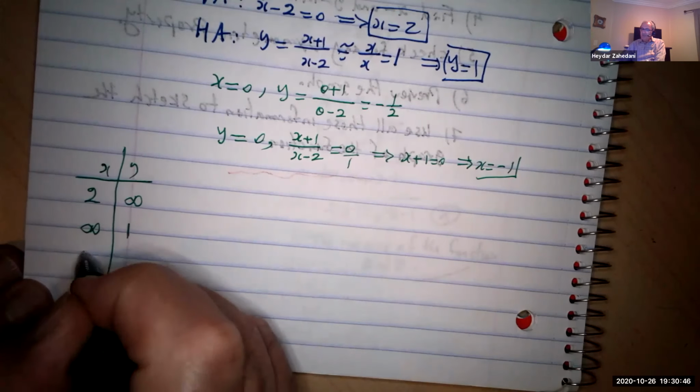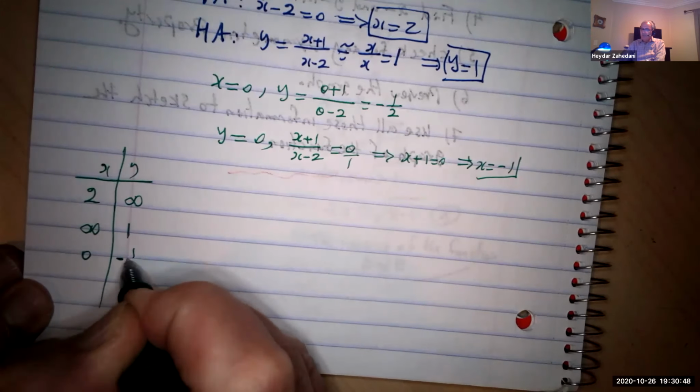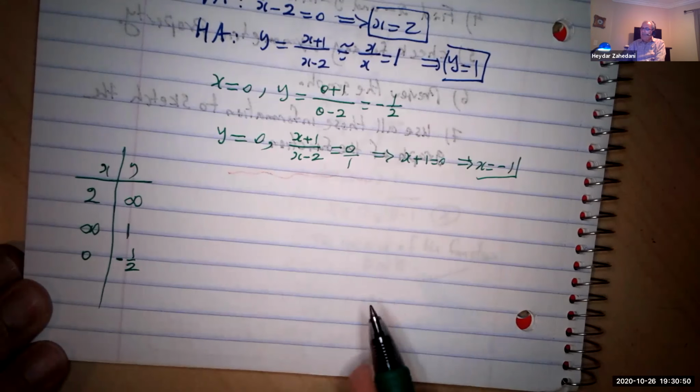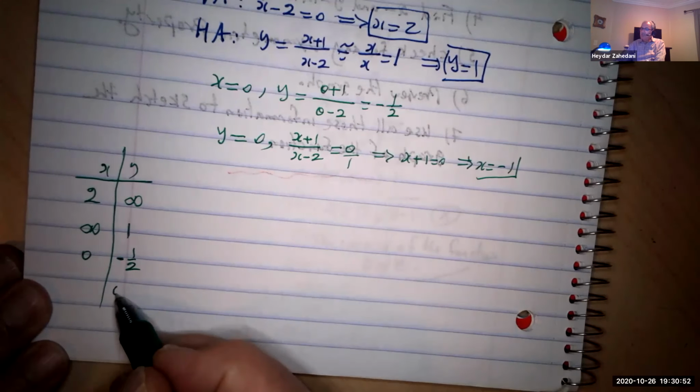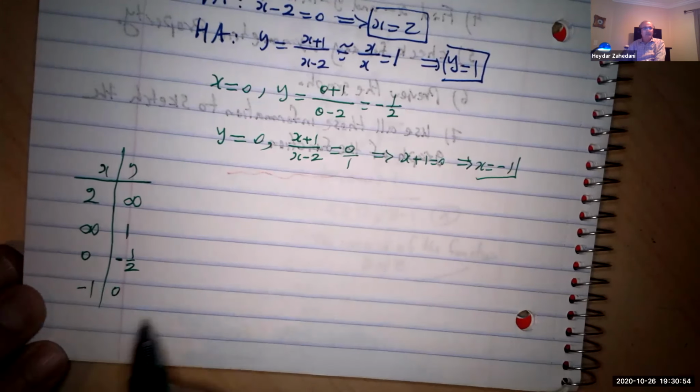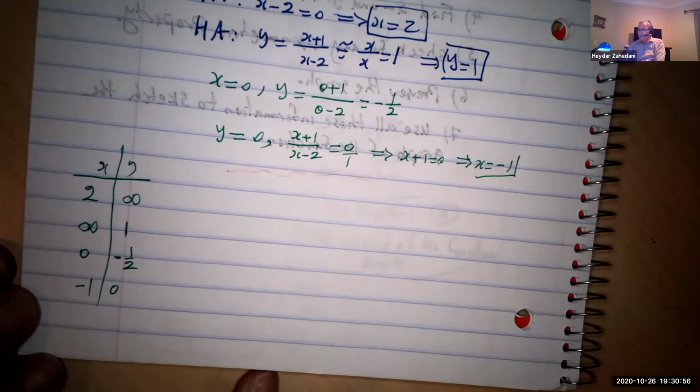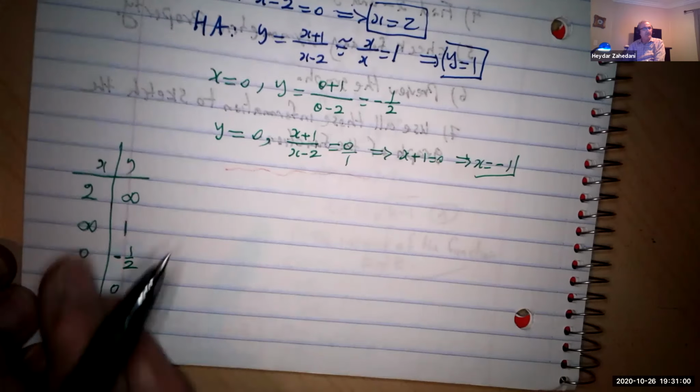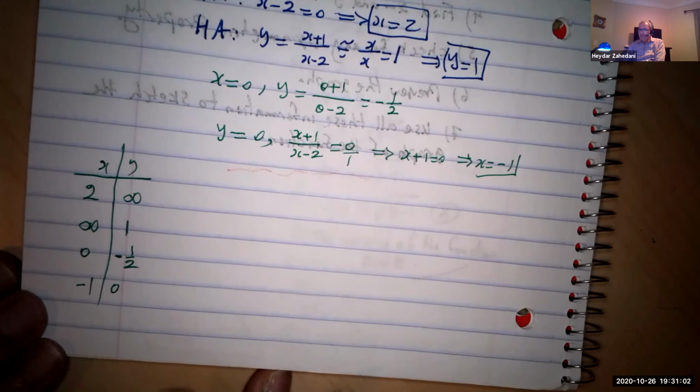You put x equal to 0, you get negative half. And y equal to 0, we get negative 1. It's all the information that you have. Any question? These are optional, okay, but would be useful.